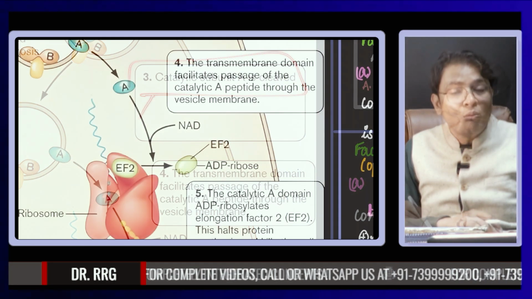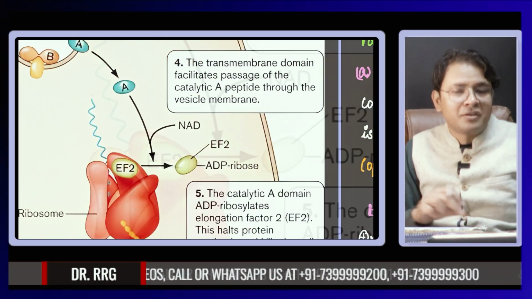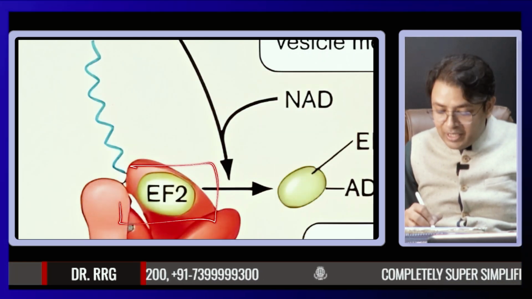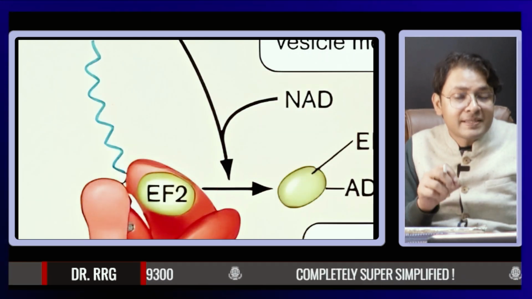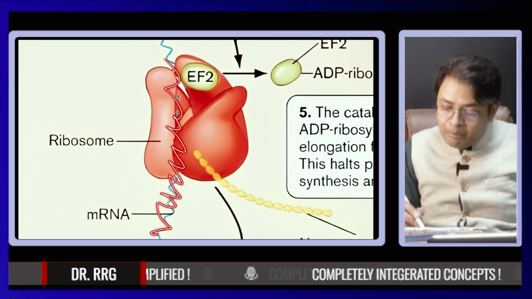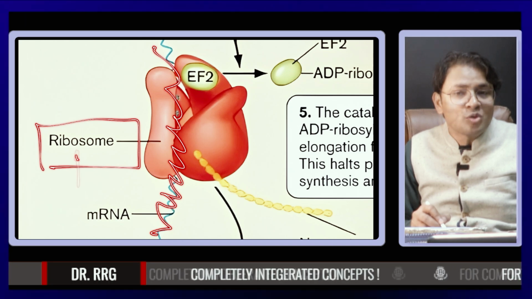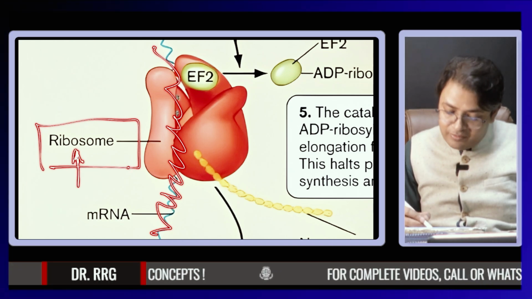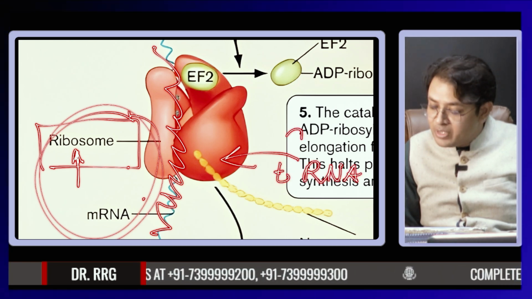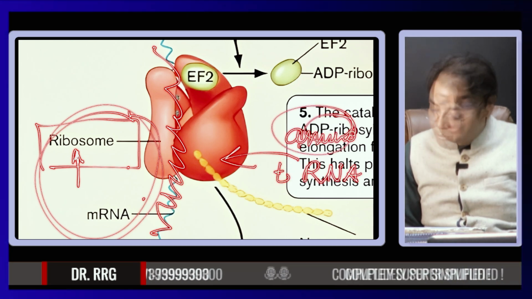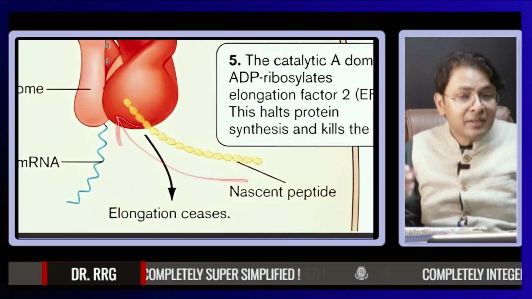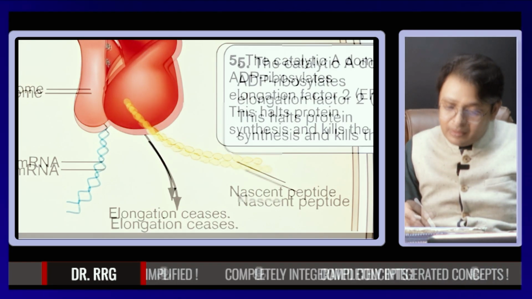This subunit modifies the elongation factor necessary for protein synthesis. As we know, over the mRNA template the ribosome gets attached, and because of the interaction of these two, transfer RNA transfers its amino acids, and the ultimate result is binding of amino acids, formation of peptide bonds, and development of a long chain of amino acids.